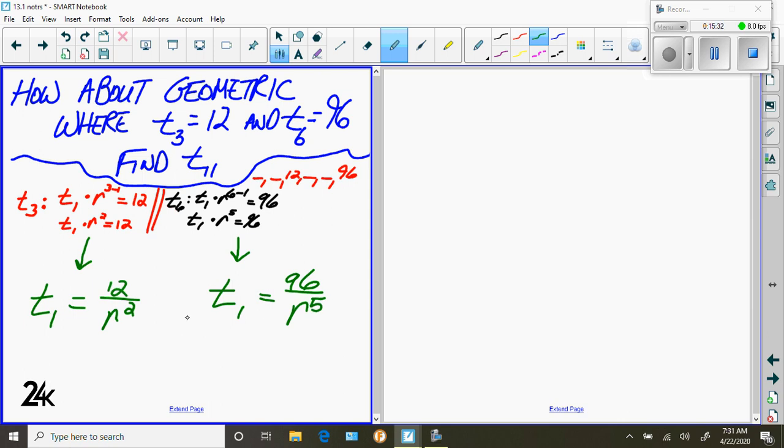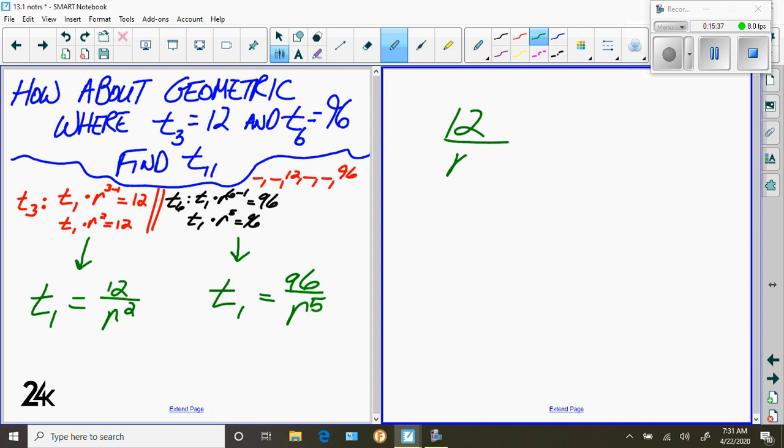So if those are both the first term, I can set them equal to each other. 12 over r squared equals 96 over r to the fifth. Now I'm going to do a little handy dandy switcheroo. This one's going to go up there, and that one's going to go down there.